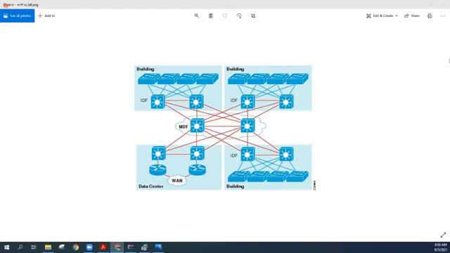Intermediate distribution frame, IDF, intermediate. This is the main, this is the intermediate. IDF is closer to the switches and workstations; workstations are connected to these switches. With this placement of where the IDF and MDF switches are placed, you can have some understanding.